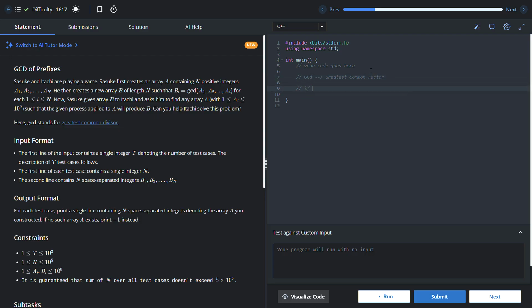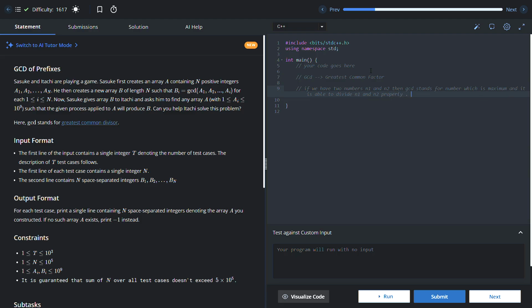If we have two numbers n1 and n2, then GCD stands for the maximum number which is able to divide n1 and n2 properly.